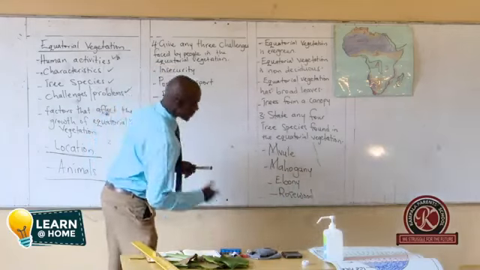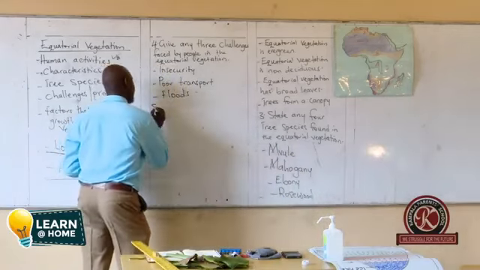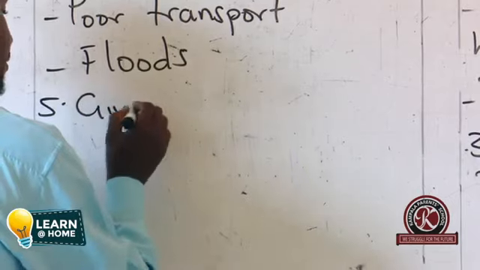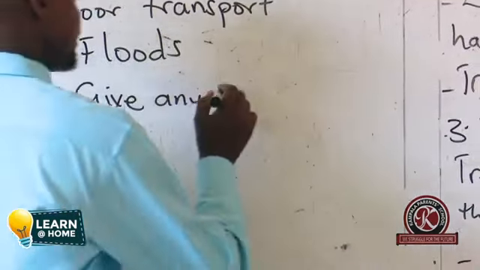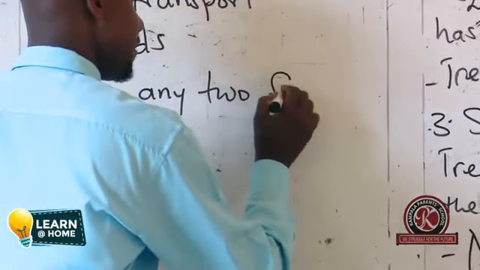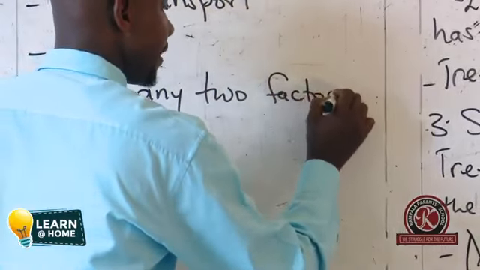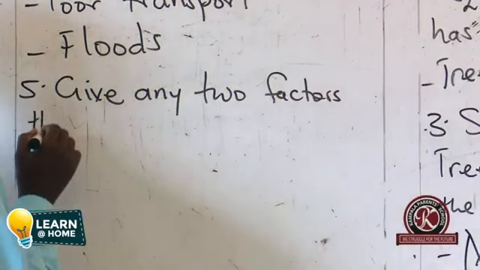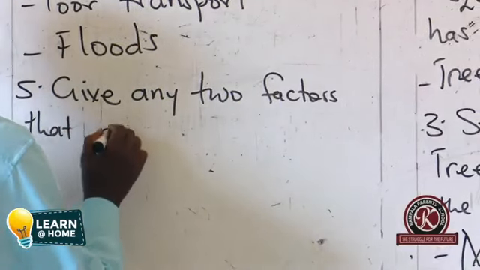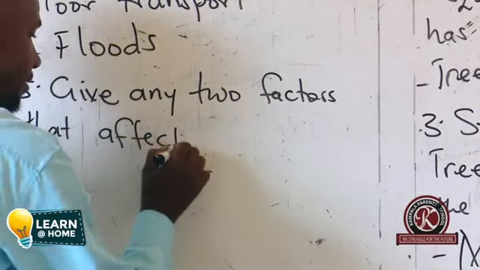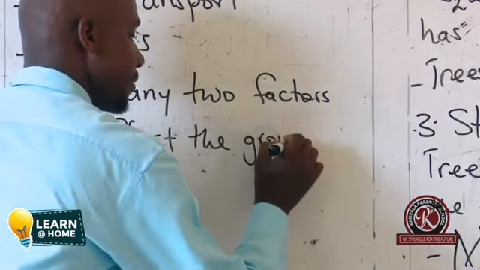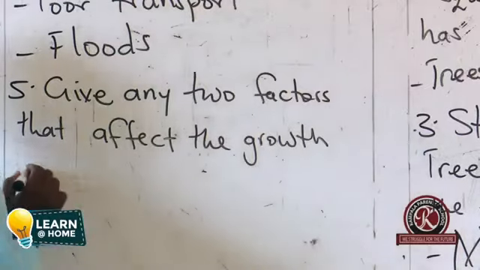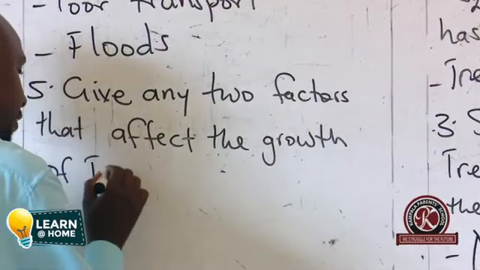So we are also going to put it in a question form. Number 5, give any 2 factors that affect, one can say influence, the growth of tropical rainforests.